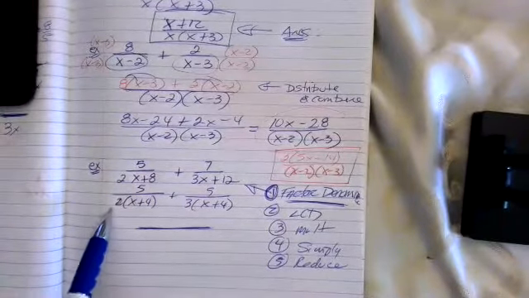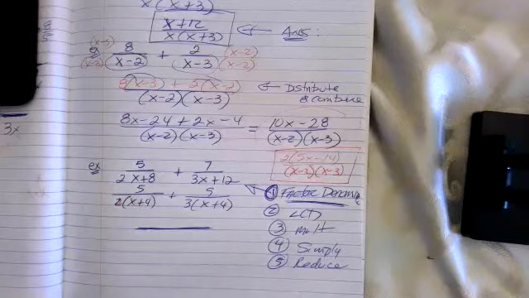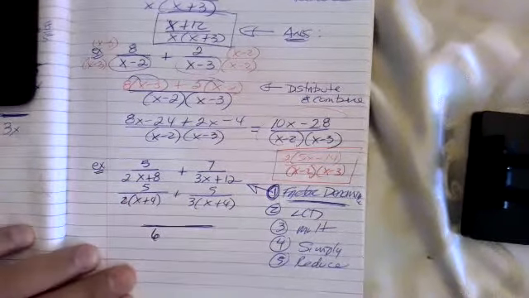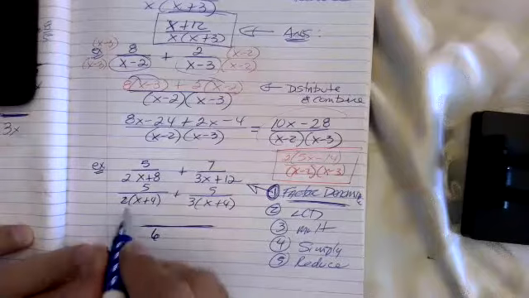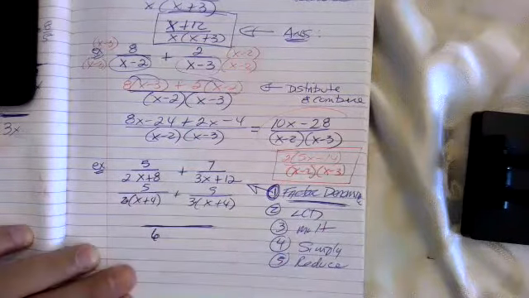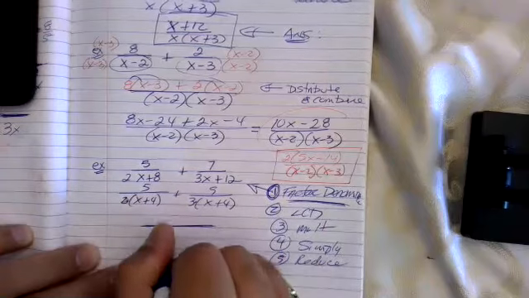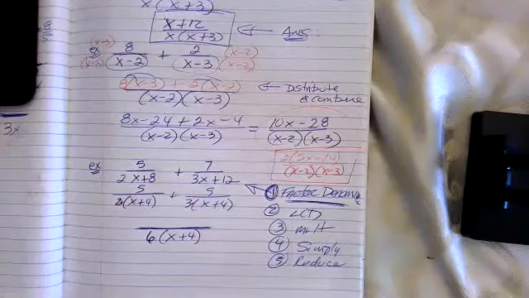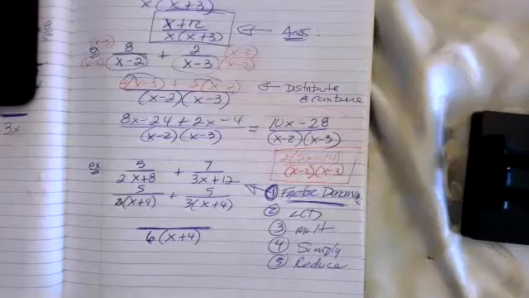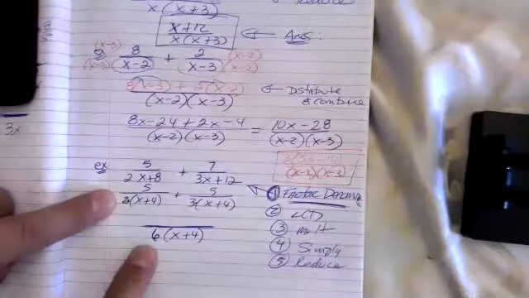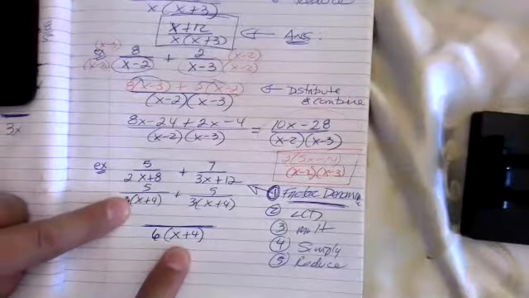So let's look at these coefficients out front, this 2 and this 3. I need a 6, because 2 and 3 could go into 6. They're attached by multiplication to this x plus 4, so x plus 4 is something I'm going to need. If I look at just this denominator, I could see 2 goes into it, and x plus 4 goes into it.